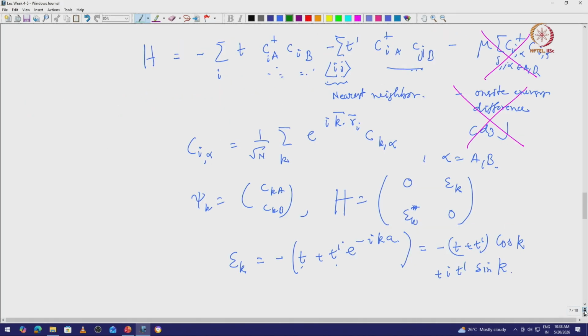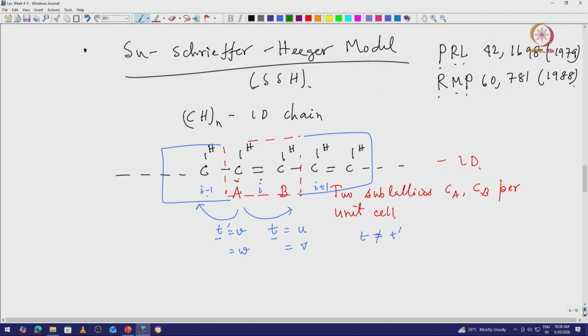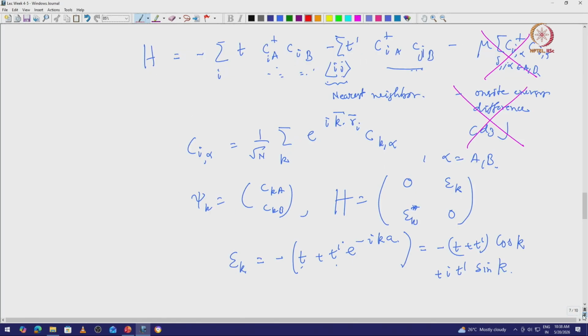What we found last time is that with a lattice with two sublattices of carbon atoms, which we denoted by A and B sublattices, and with the hopping from A to B within the cell being T, and with the nearest neighbor hopping from A to B called T prime because the bonds are different, we arrived at this Hamiltonian.